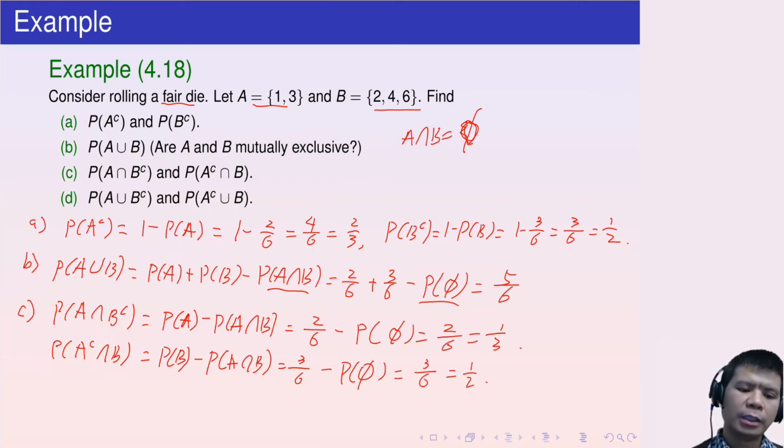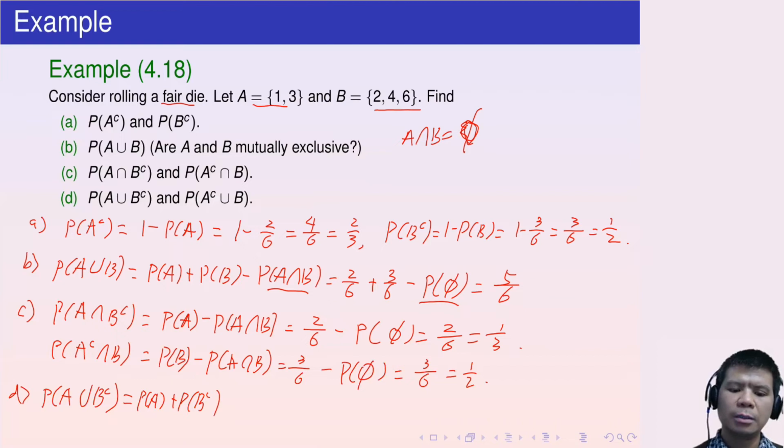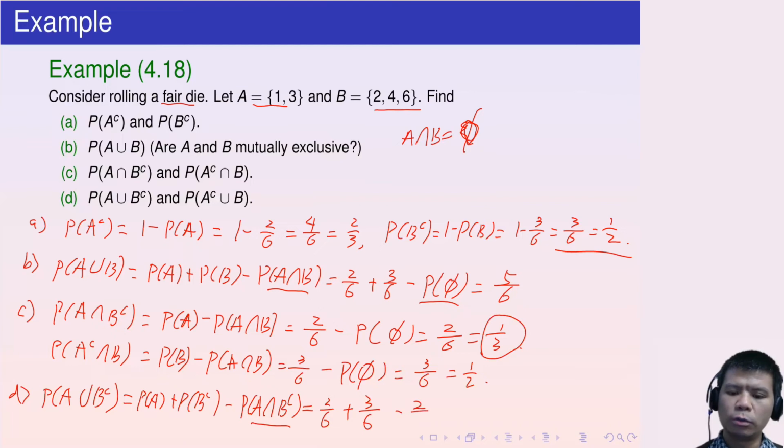And finally, D, the probability of A union B complement equals the probability of A plus the probability of B complement minus the probability of A intersect B complement. Using the addition rule, probability A is 2 over 6 plus B complement is 3 over 6, minus this one, which is 1/3, so 2 over 6.